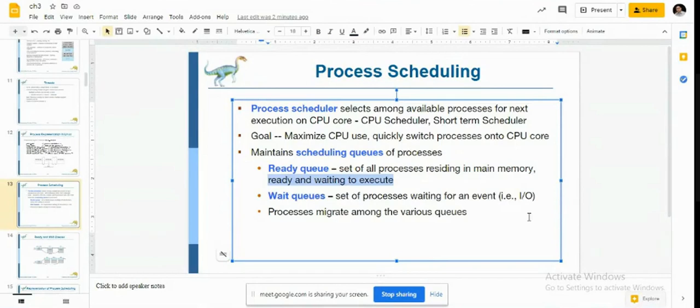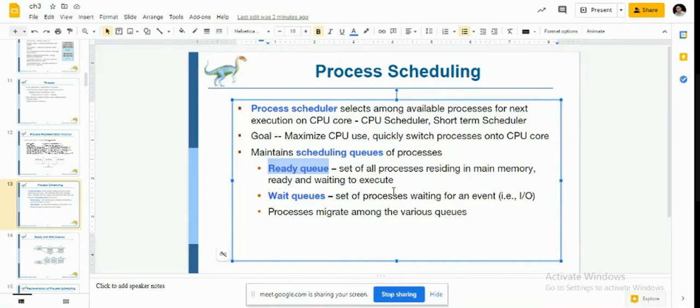Means if there are 10 processes and you have a single CPU, at a time the CPU is executing one process. So what about the 9 processes? Out of 9 processes, you may have 5 processes in a ready state, 2 processes in a wait state, or it may be possible that 2 processes are in a terminated state or in a new state, whatever. So the ready queue will store the information about those processes which are ready for execution.